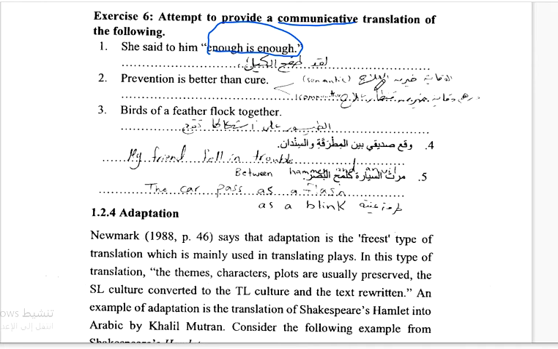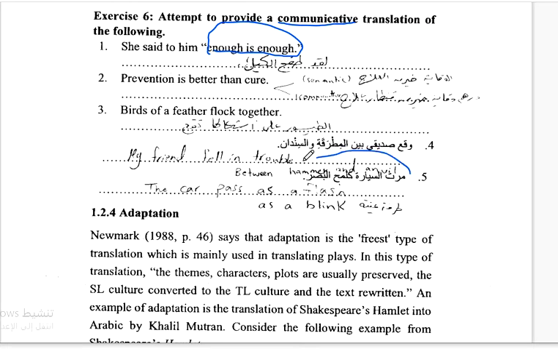Okay? So here, birds of a feather flock together, الطيور على أشكالها تقع. وقع الطريق صديقي بين المطرقة والسندان. My friend fell in trouble. Or I can say here between the hammer and the anvil.